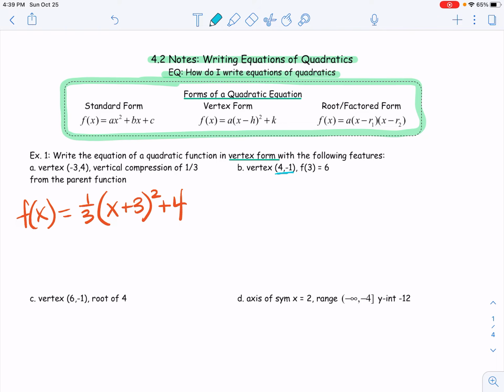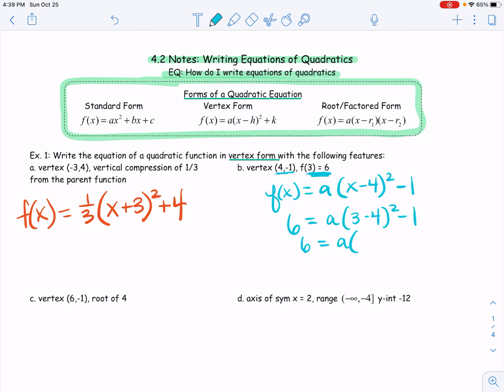So using the vertex here, this would be f of x equals a times x minus 4 squared minus 1. If I use this (3, 6), that means I could plug in 6 for y, a I don't know, 3 is x, and then I can evaluate and solve for a. So this would be 6 equals a times 3 minus 4 is -1, squared is 1, minus 1.